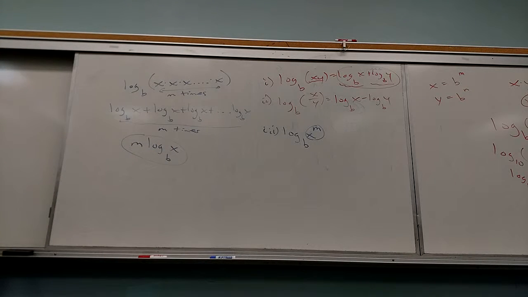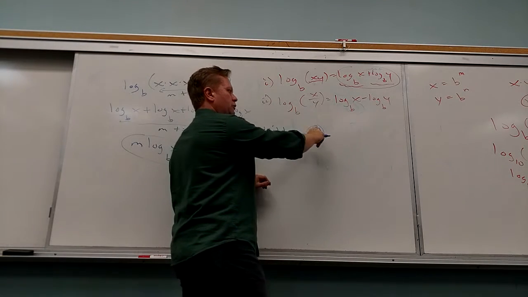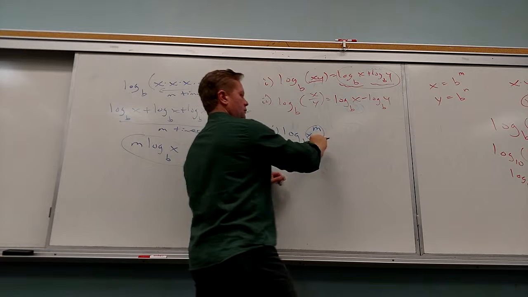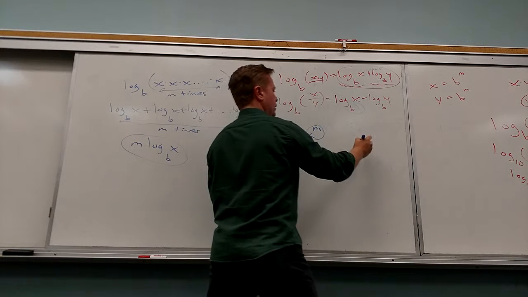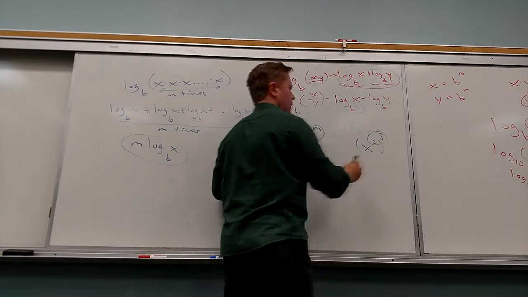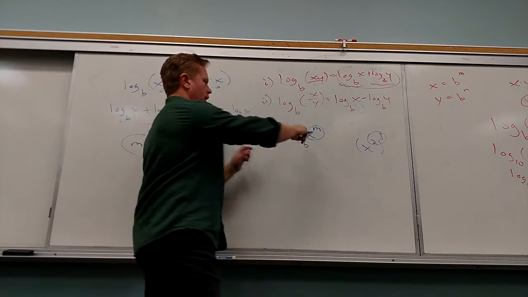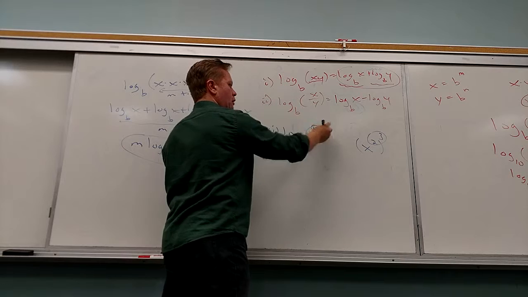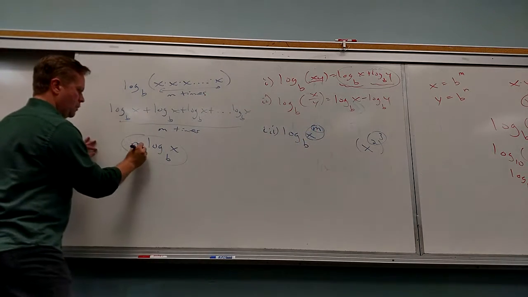Let's see why this makes sense. What do I do with powers when I have a base raised to another power? So what would I do with these two powers? Multiply them. So when I have something raised to a power raised to another power, I multiply the two powers.